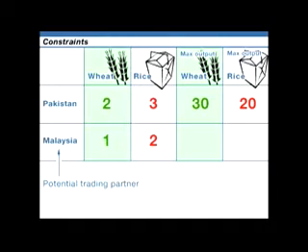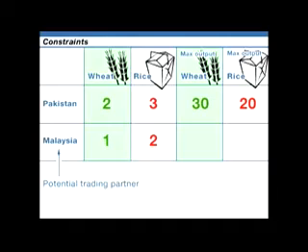Notice that Malaysia has an absolute advantage in the production of wheat. That is, Malaysia can produce wheat with fewer workers than it takes in Pakistan. Malaysia is therefore better at producing wheat. They can make more with less, and therefore we say Malaysia has an absolute advantage in wheat.